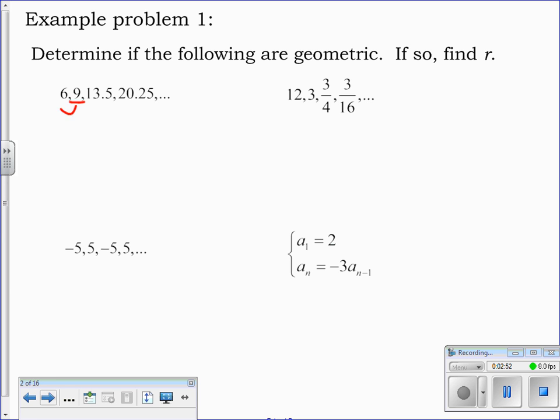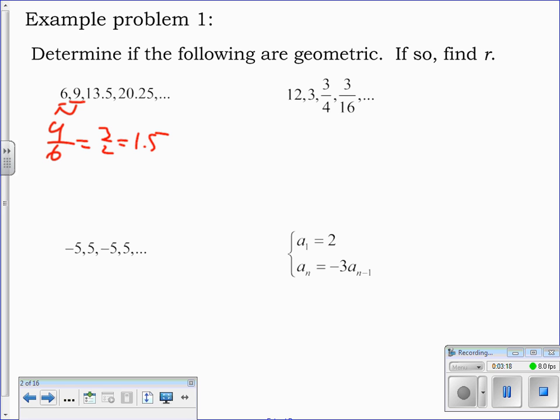Take a number, divide it by the previous one. 9 divided by 6. Okay, that ends up being 3/2 or 1.5. Normally, decimals are not allowed. However, that sequence contains decimals, so decimals are fine because it already contains decimals. This is not enough to know if it's geometric or not.